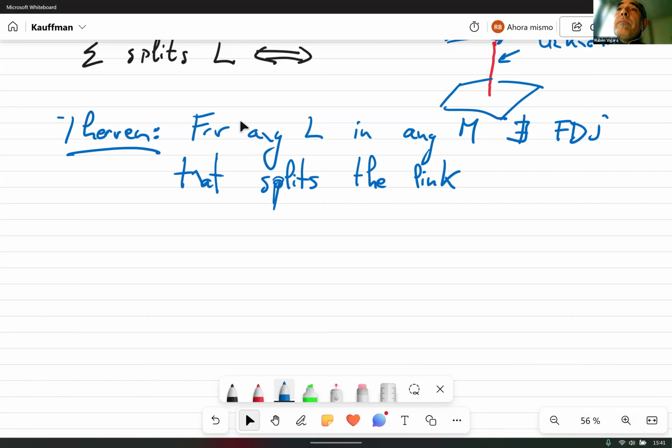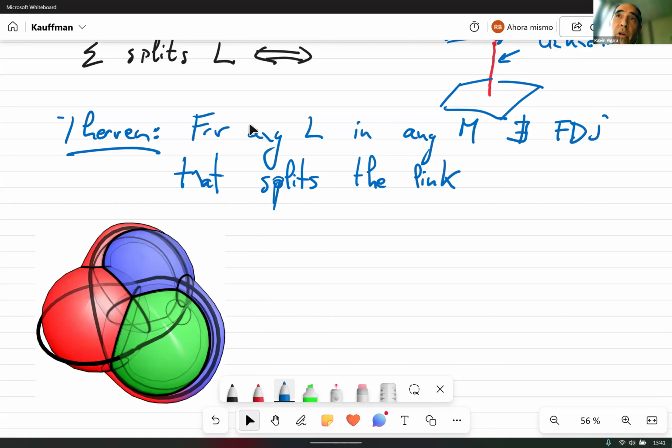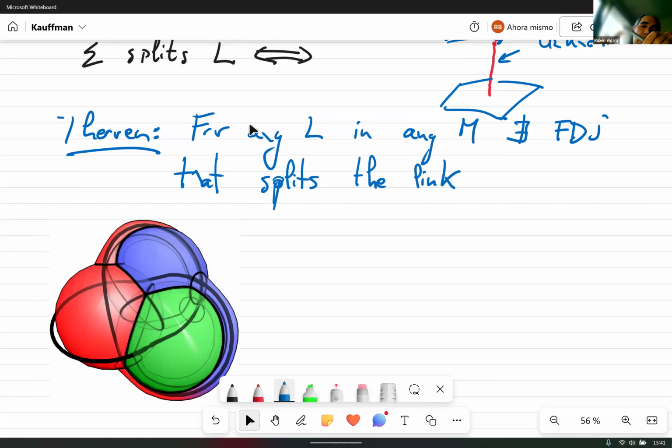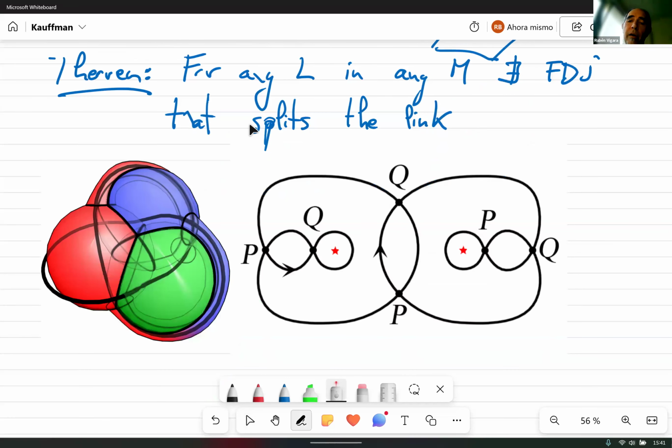So for example, we can see that this is a filling Dehn sphere in S3 that splits the trefoil knot that we can see in some way here. And the Johansson diagram of this sphere with the intersection of the knot marked is this diagram.